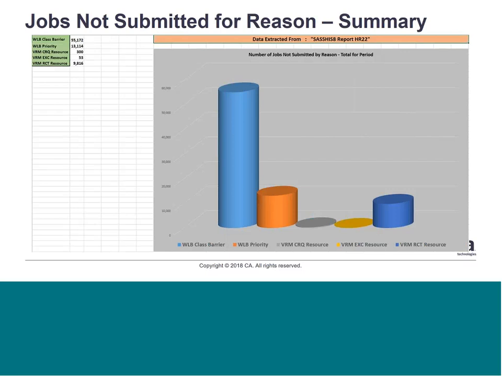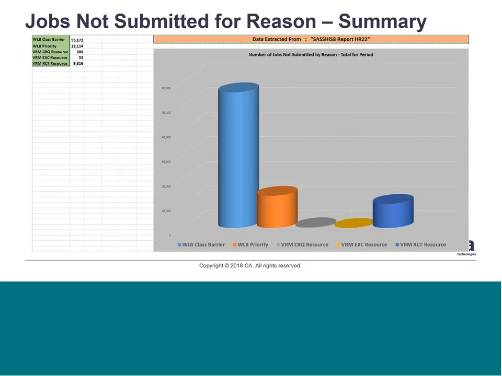The main reasons for non-submission are workload balancing class barriers and workload balancing priority usage. And on the VRM side, co-requisite resources, exclusive resources, or resource counts. And as you can see for this, the majority, over this period, of the reason for not submitting was WLB class barriers.